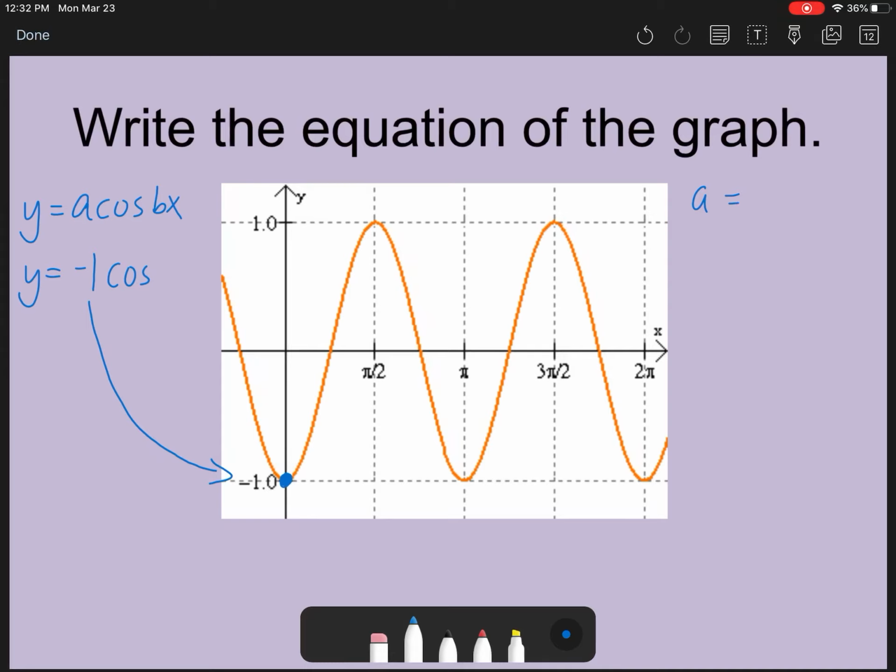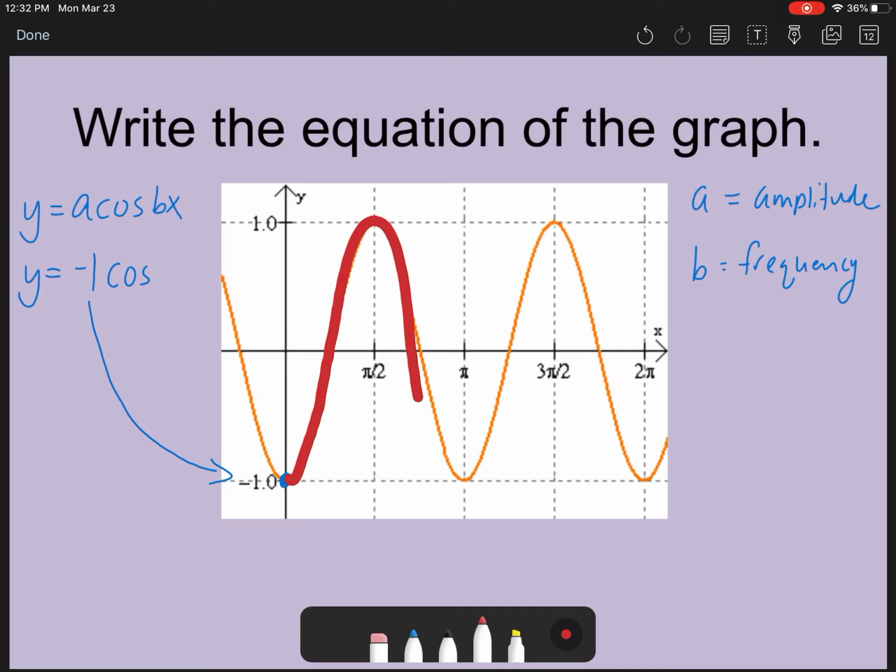Now we want to find the frequency. Remember, so let me just jot this down over here. A equals amplitude, B frequency. Okay. Again, we want to see how many cosine curves we have in between 0 and 2 pi. We have 1, 2.